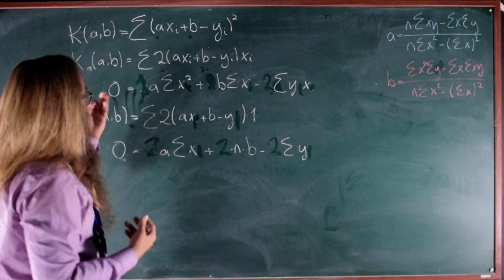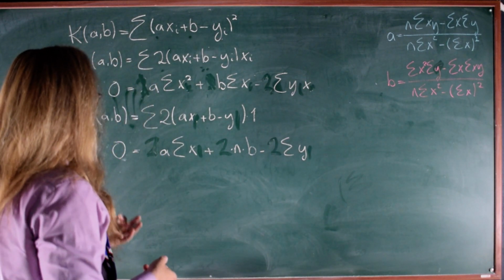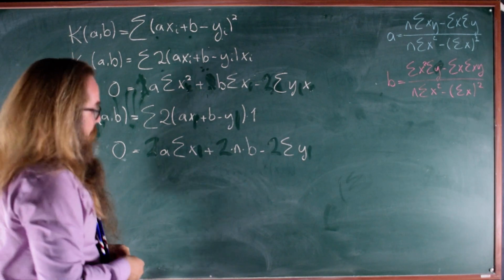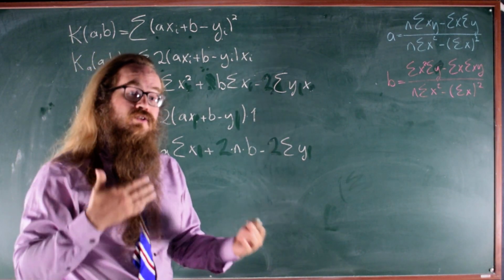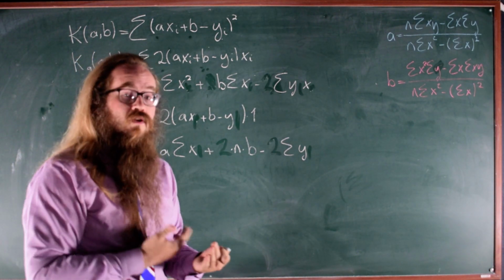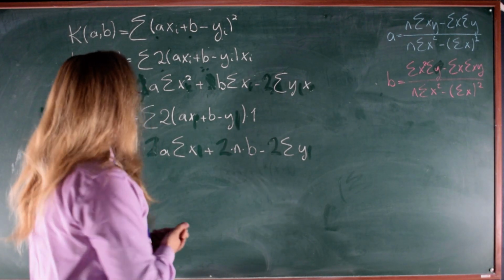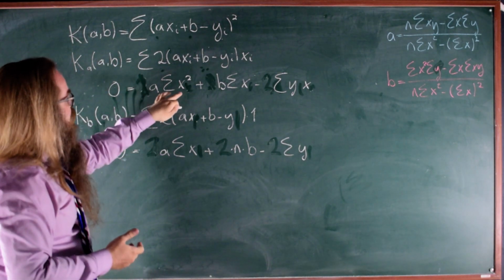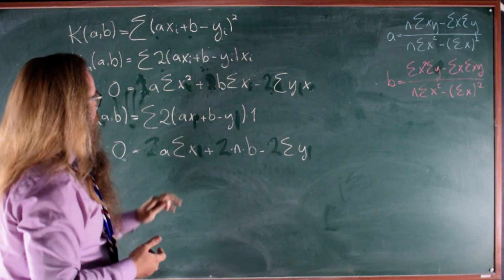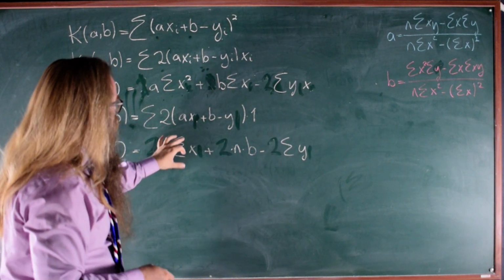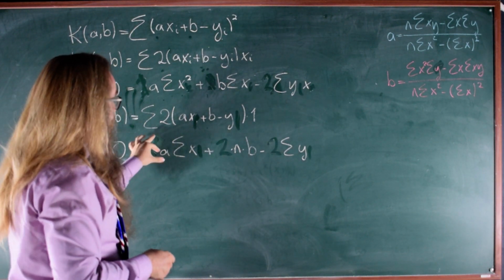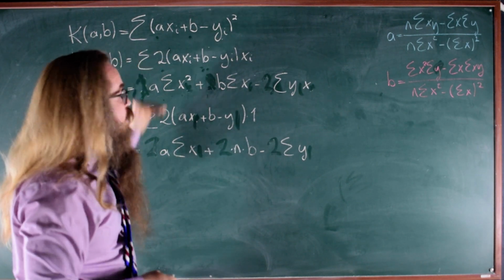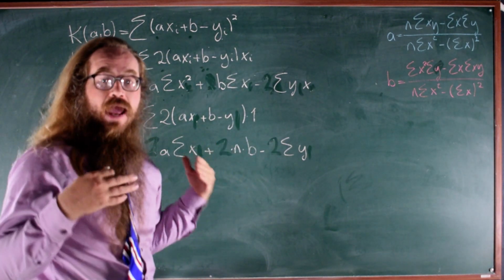I can do that in several ways, and my favorite method is the method of equal coefficients. So I want to make sure that this line and this line have the same coefficient at a, so I can subtract them and remove the a term.